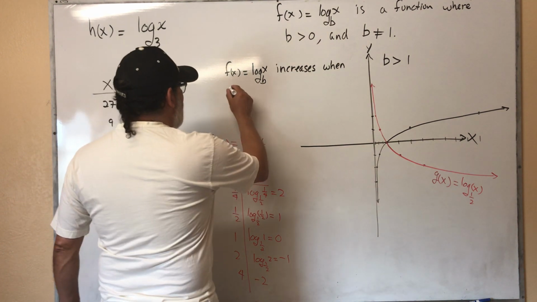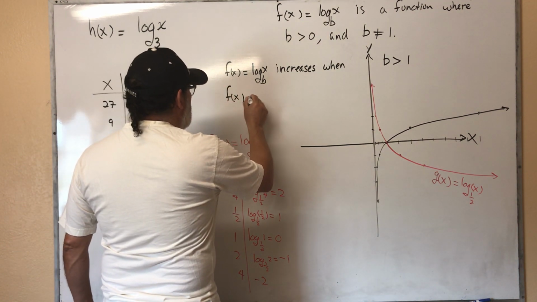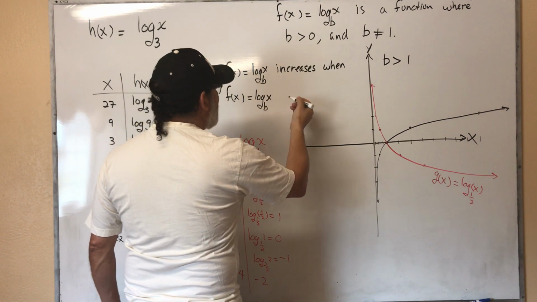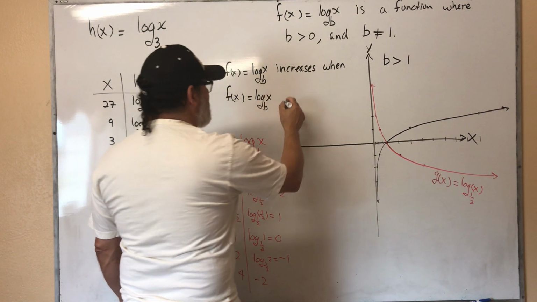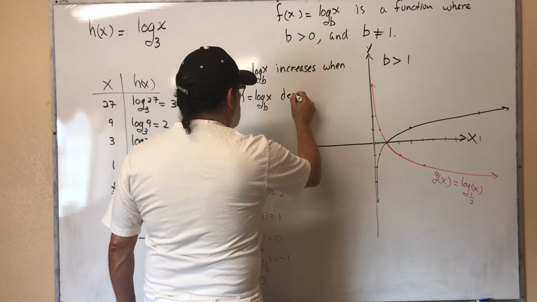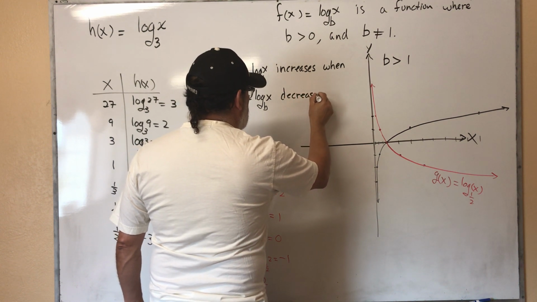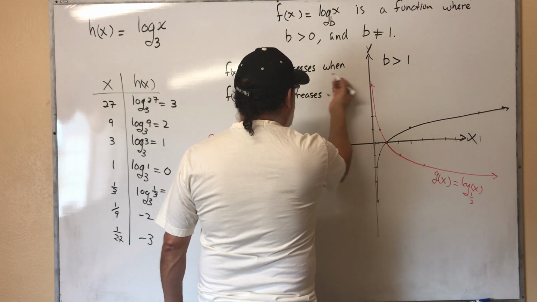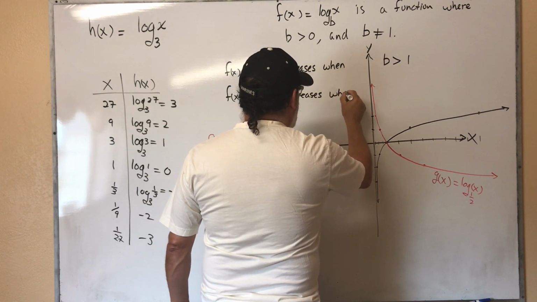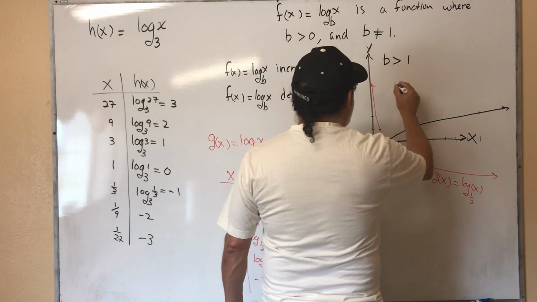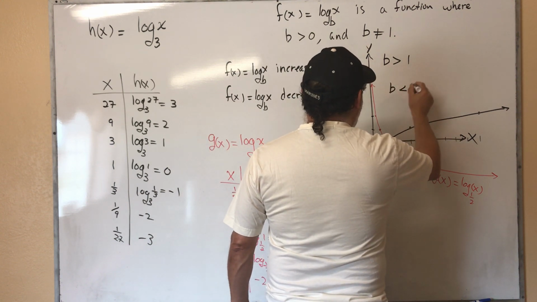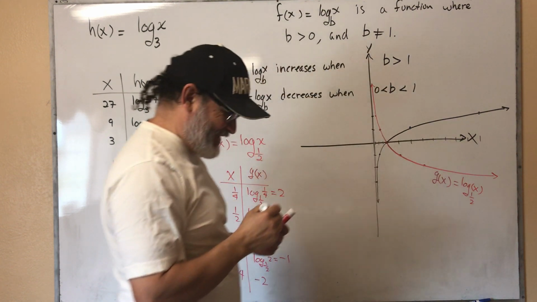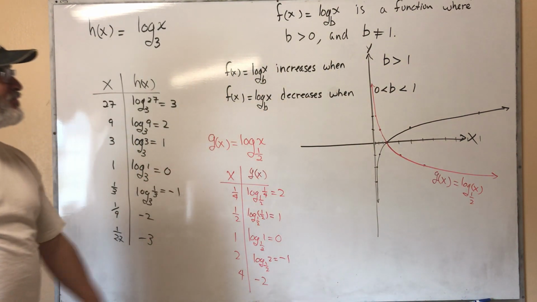So let's say f of x equals log base b of x decreases when the base is less than 1, greater than 0. Yeah. There we go.